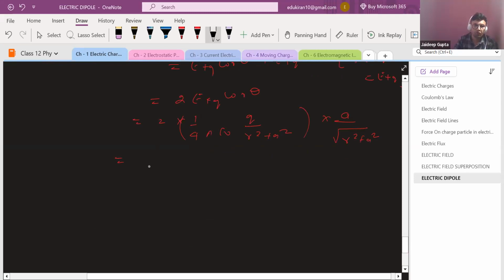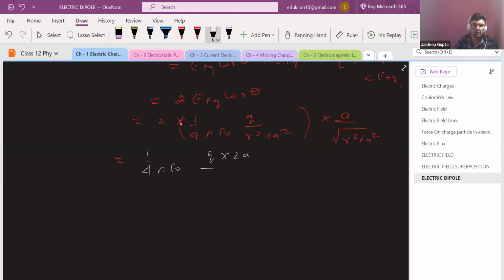So 1 over 4 epsilon Q into 2A, because I multiply this 2 by A, over R square plus A square raised to power 3 by 2. So Q into 2A is P, over R square plus A square raised to power 3 by 2.